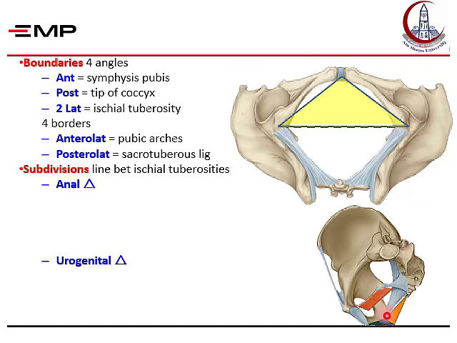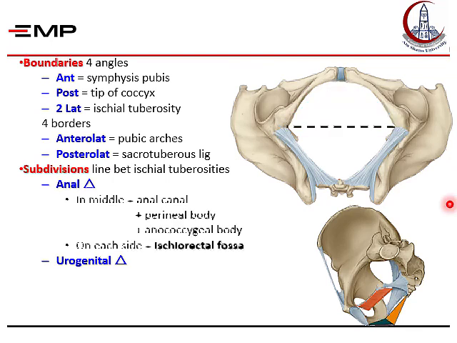And as the ischial tuberosity is at a lower level than the symphysis pubis and the tip of coccyx, therefore these two triangles are oblique. They don't lie in the same plane. The anal triangle contains the anal canal in the middle, connected to two fibrous masses.